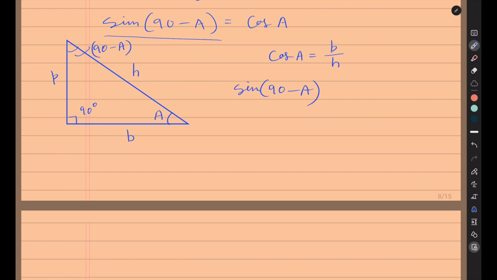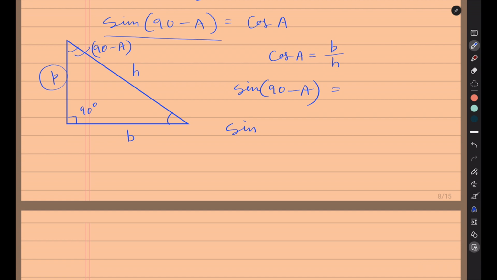So now let us just forget about this angle A. Now we are left with two angles. This is 90 degree angle, and then this is 90 minus A. So if we make this 90 minus A as our basis, and try to define sine 90 minus A, then for this one, this will become base.